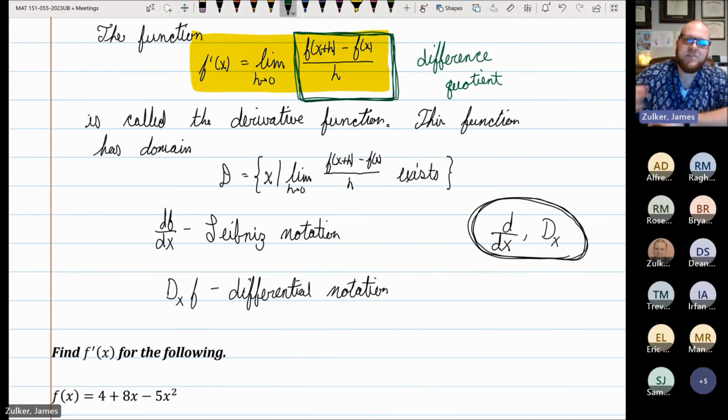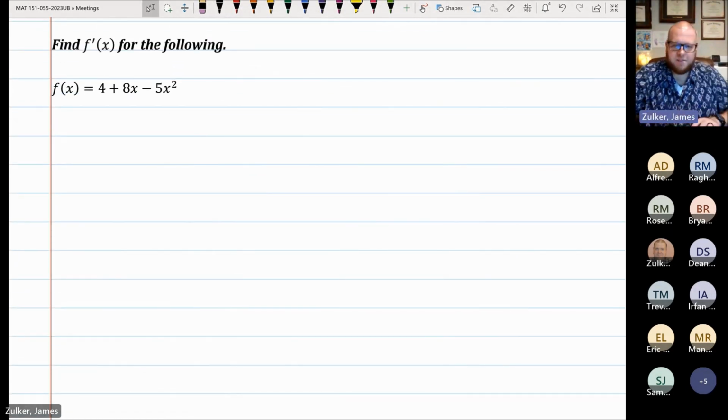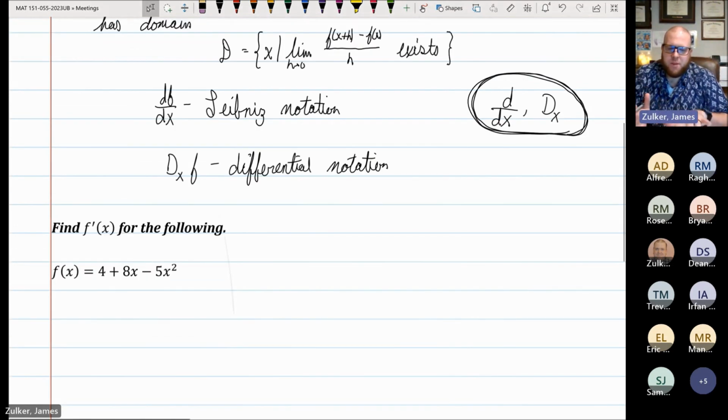This is the difference quotient, which was studied in pre-calculus. What that means is that for calculus, we just add one additional step, right?